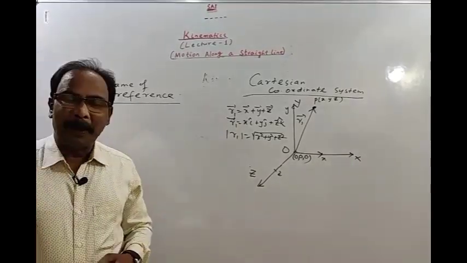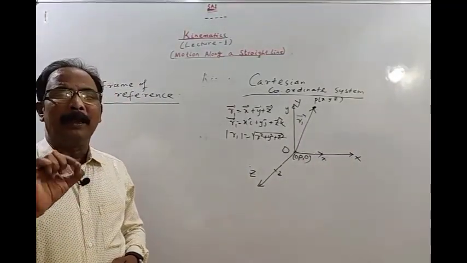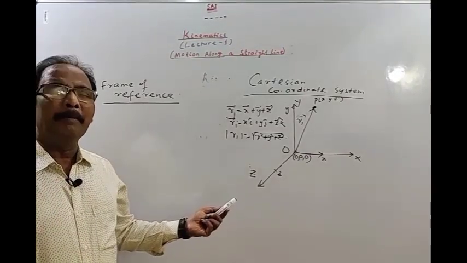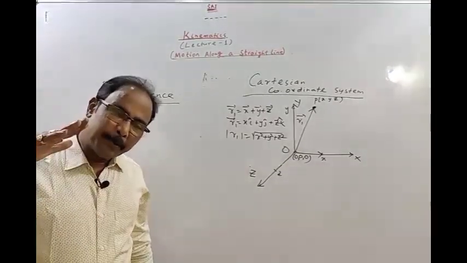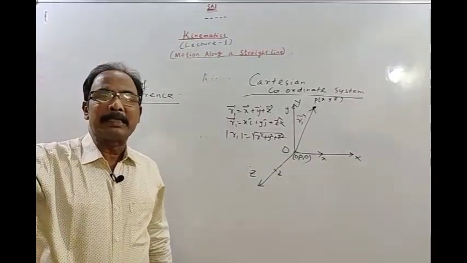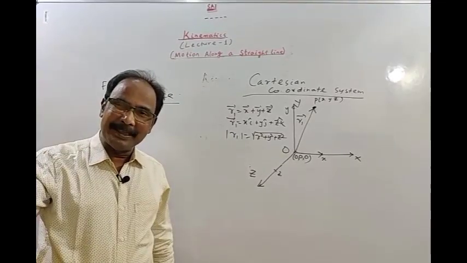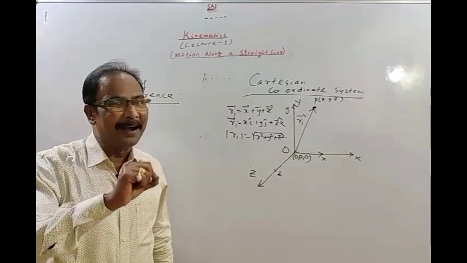First thing, a frame of reference is used to describe an event completely. In a simpler way, a frame of reference helps to describe the motion in space completely. Motion means change in position with respect to time, with respect to a standard point.